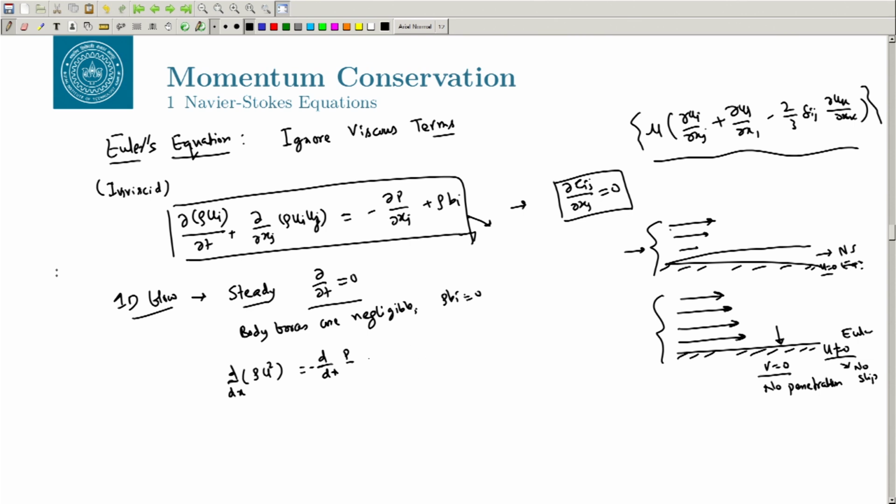You can see that you can relate the change in pressure to the change in velocity. This can further be simplified: you can write ρu du is equal to −dp. Why are we doing this? We are trying to see where the compressibility becomes important.